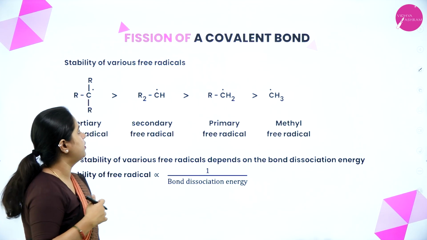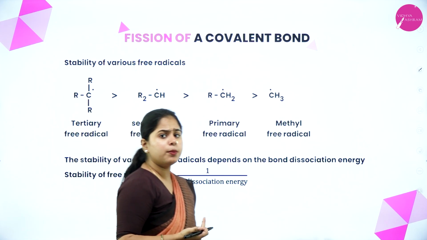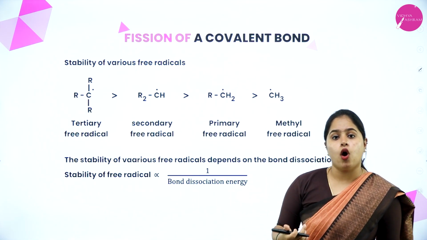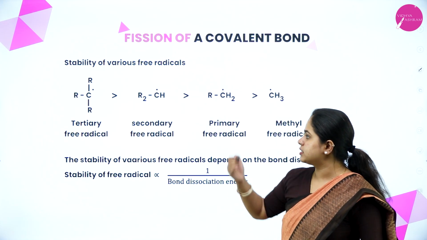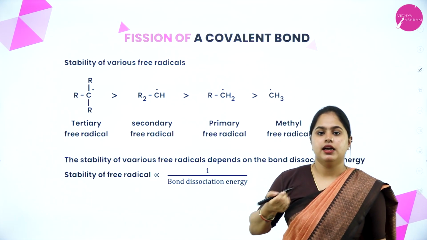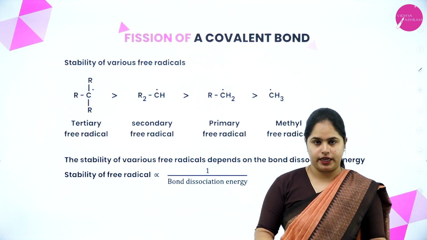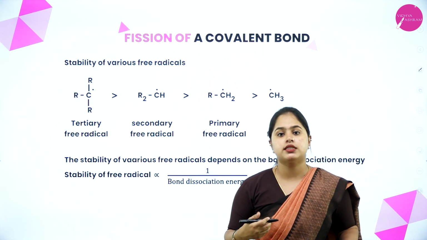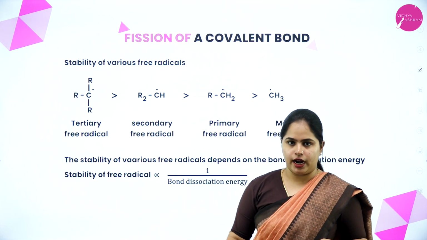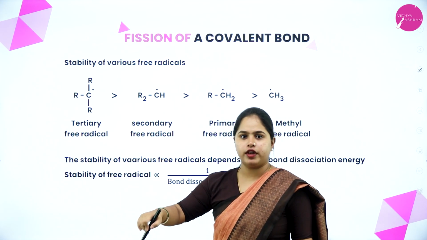This is homolytic cleavage. Now coming on to the stability of the free radicals, okay? The order of stability of free radicals is tertiary, secondary, primary and methyl radical. We know that once the homolytic cleavage undergoes, we obtain the free radical. Now what is a tertiary free radical?